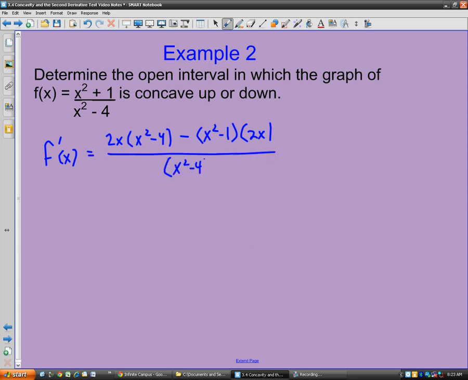And so then continuing on a little simplification, I get 2x cubed minus 8x minus 2x cubed and positive 2x. Wait, that's not right. How about a negative 2x?